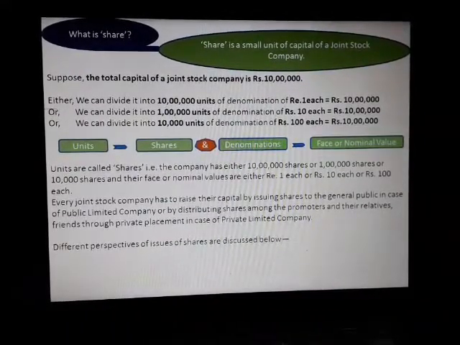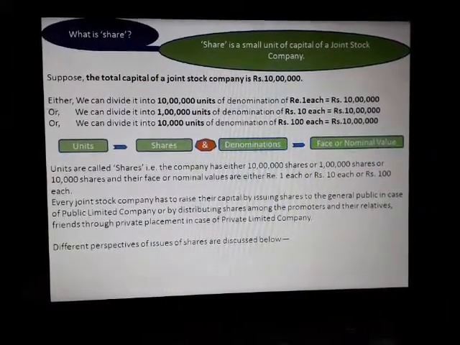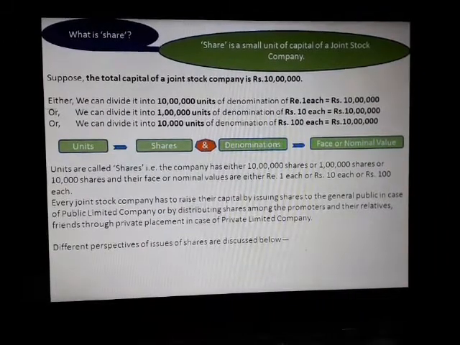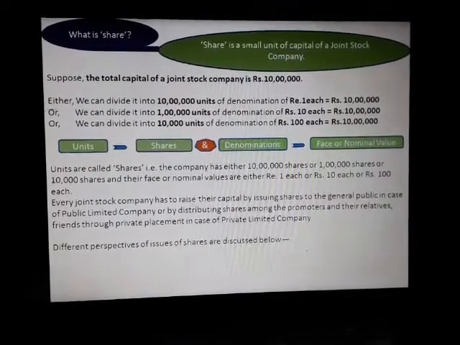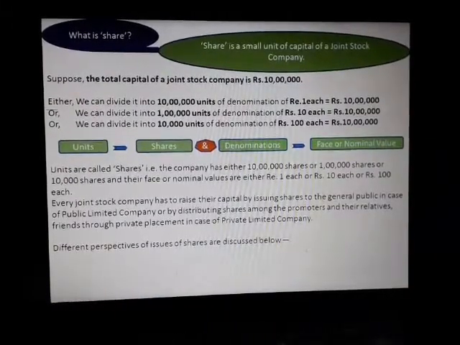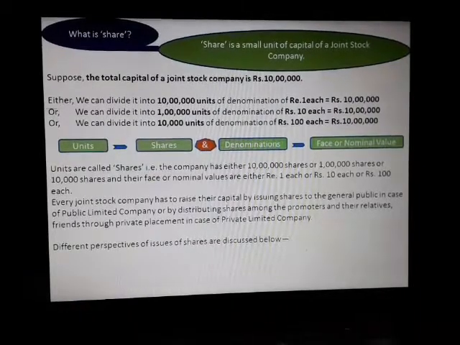One is private limited company, another is public limited company. Public limited company is liable to issue all the shares to the general public, while in case of private limited company, they are not liable to issue the shares among the general public. They only can distribute the shares among the promoters and their relatives and friends through private placement.